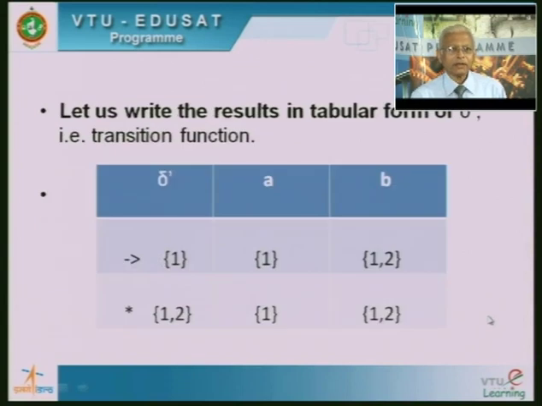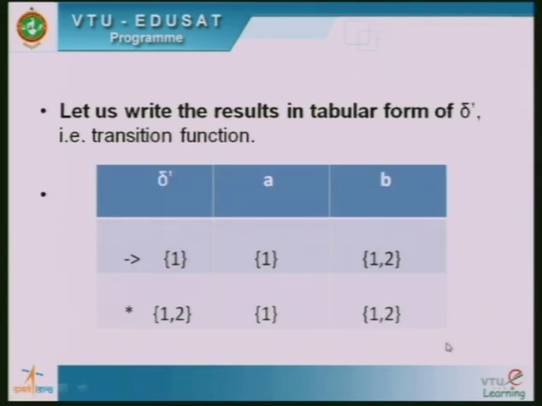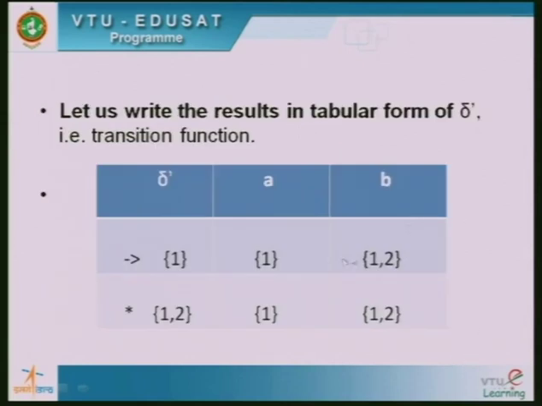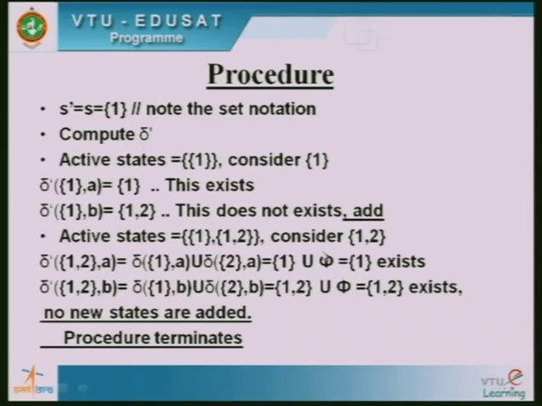Now, if you write it, if you go back, this is the delta dash you have to compute, delta dash on A and B. Okay. If you look at it, delta dash of 1 on A and B will go to 1 and 1 2.